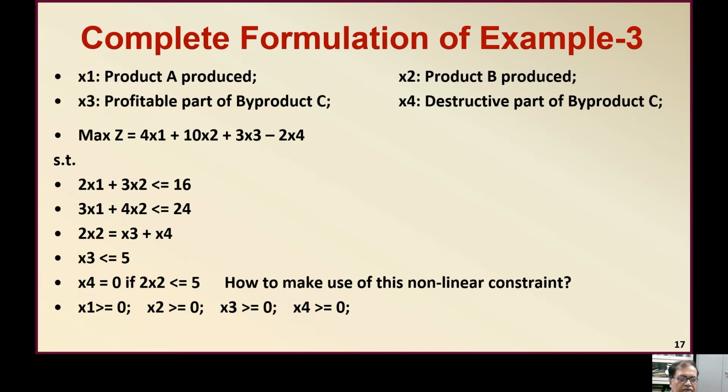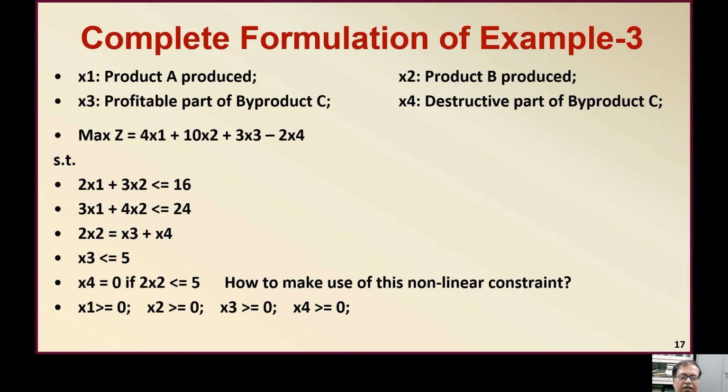But take this solution: x2 equal to 2 and x3 equal to 4 and x4 equal to 0. So 10 into 2 is 20, 3 into 4 is 12. So 20 plus 12, 32, and x4 is 0 anyway. So 32 would have been the contribution if we have x4 equal to 0. So look here, at any time if 2x2 is less than equal to 5, x4 equal to 0 is always going to return a better solution, because the problem is one of maximization.